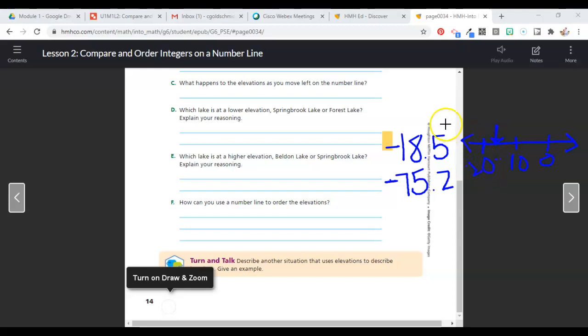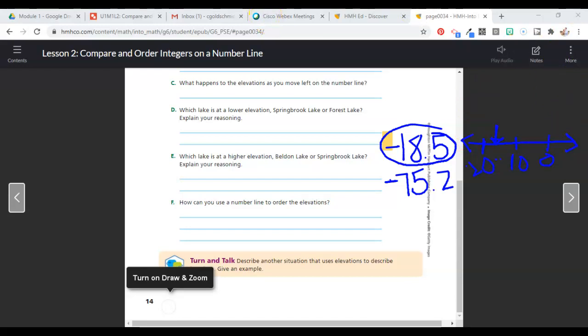And then negative 75.2 is going to be all the way down here somewhere. So the higher elevation in this case is the one that is negative 18.5, which is Belden Lake, because negative 18.5 is farther to the right-hand side on the number line. The farther on the right-hand side, the higher the elevation.